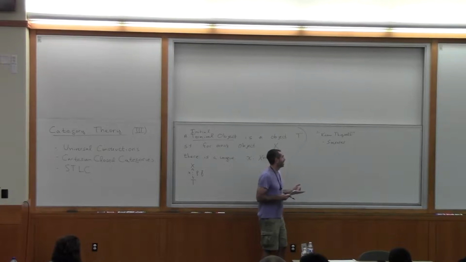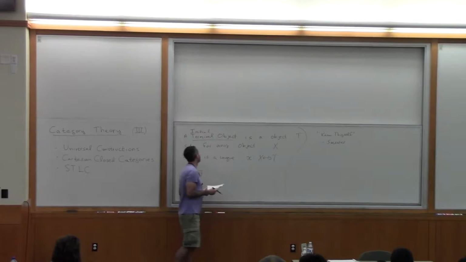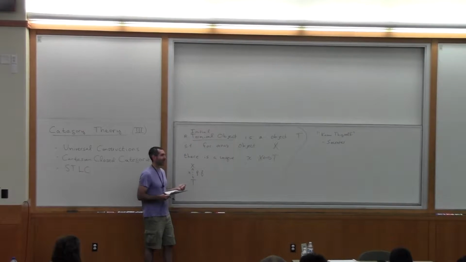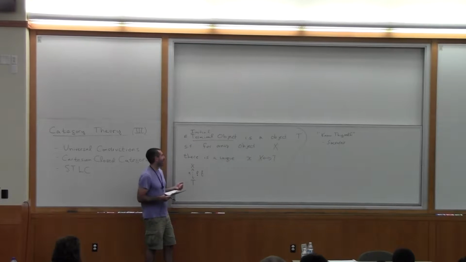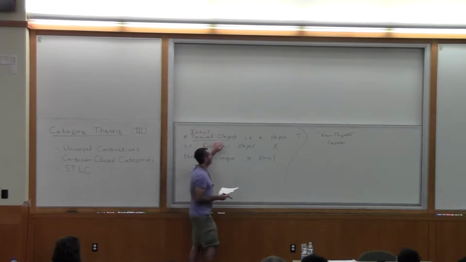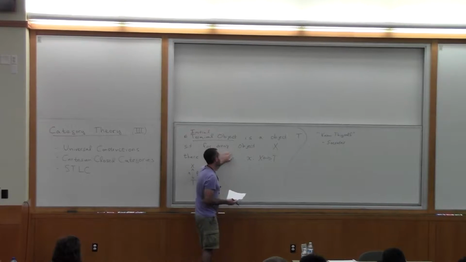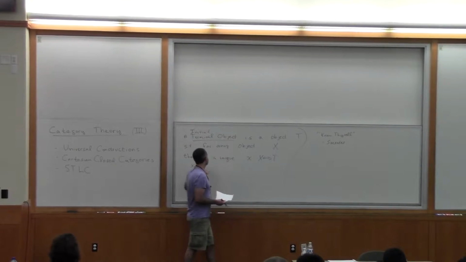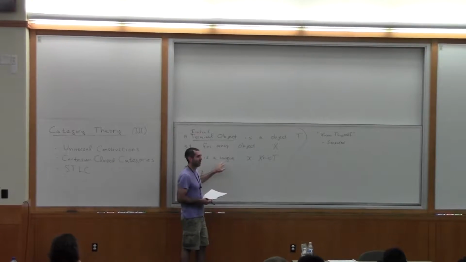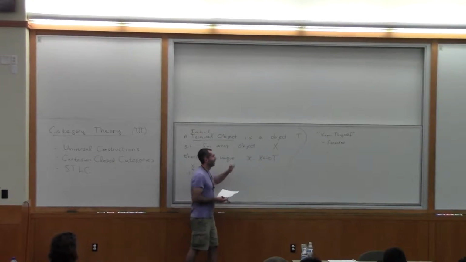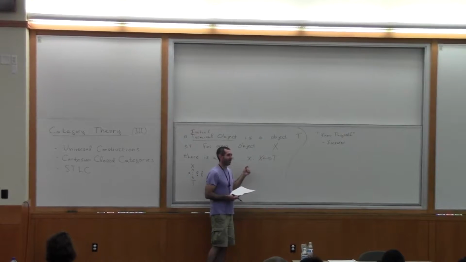So what I mean is that whenever we have a universal construction, we said that it's something, in this case just an object, but later it will be something more fancy, such that for any other thing that is of the same form as that thing, there is some kind of unique relationship between the two. Now, the thing itself certainly has the same form as itself, right?